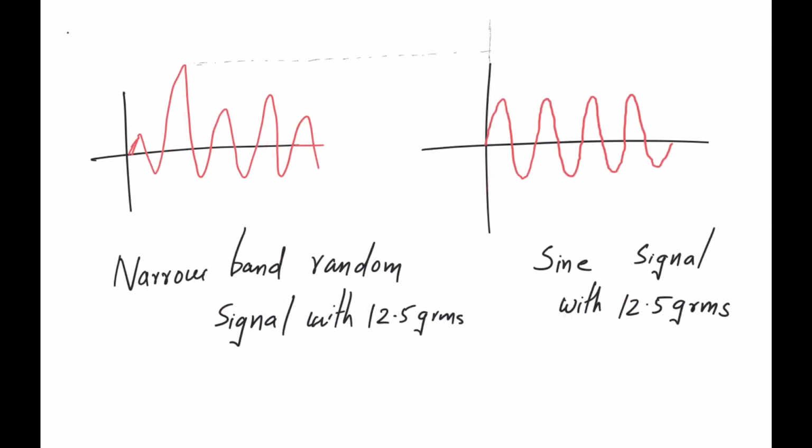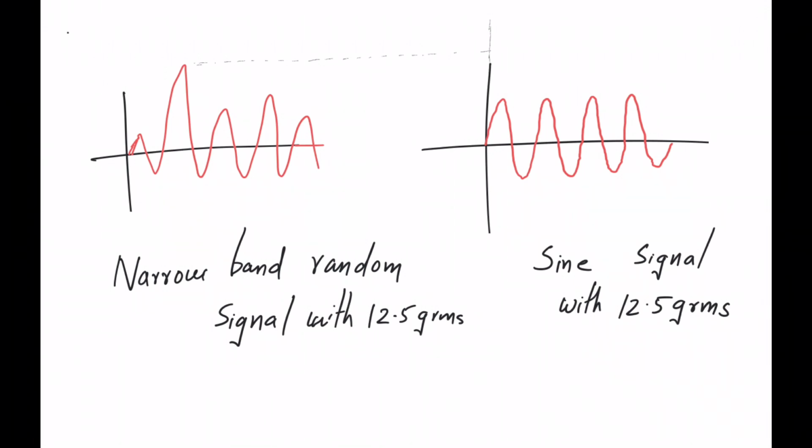Now we will talk about two possibilities. One, think about an equivalent sine test which will match the same output grms, and scenario number 2, an equivalent sine test where we will match the input grms. Start with option 1, where we will match the output grms. Here I have shown a pure sine signal whose GRMS value also matches the narrowband random signal, 12.5.